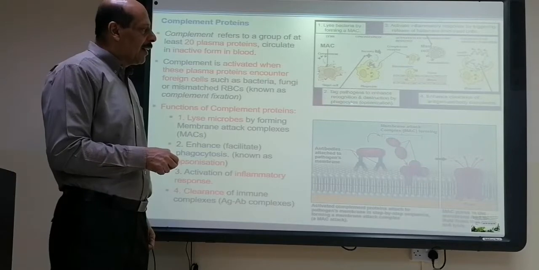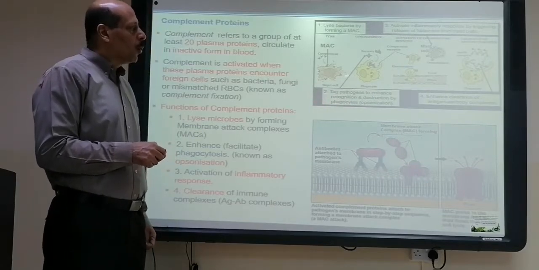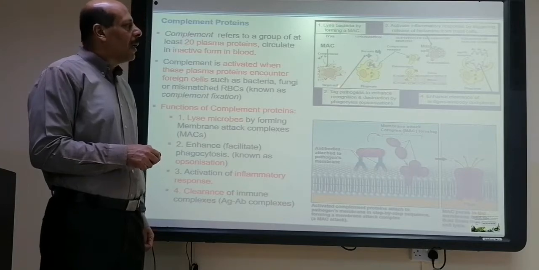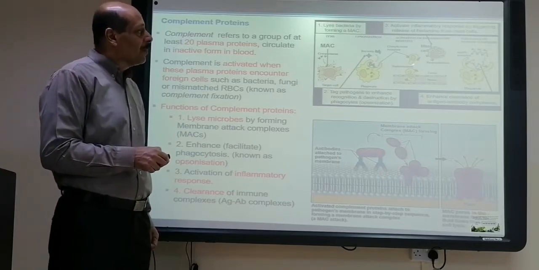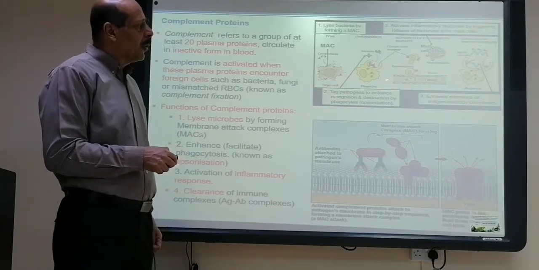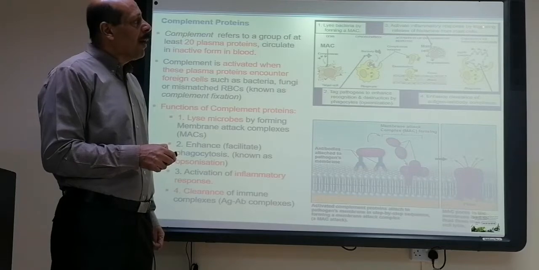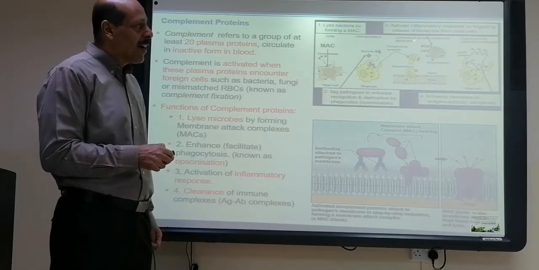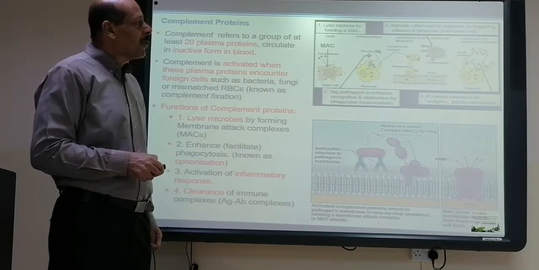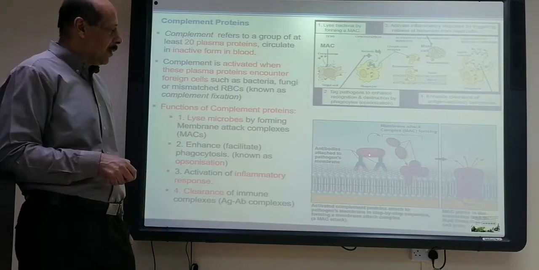It will attract the phagocyte to engulf those cells, and then it will lead to their lysis. It also activates the inflammatory response by triggering release of histamine from the mast cells, and enhances the clearance of antigen-antibody complexes.